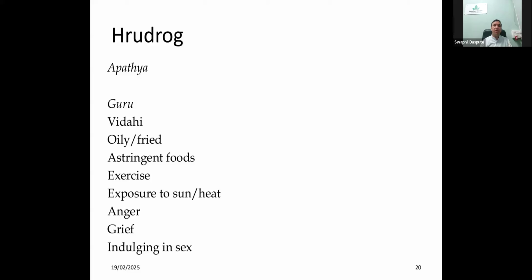So anger or any negative emotion for that matter should be avoided, or try to create an environment around the patient so that those negative emotions do not come out of the patient. Anger or grief, indulging in sex, of course, any physical activity is better avoided by the patients of Hridroga.